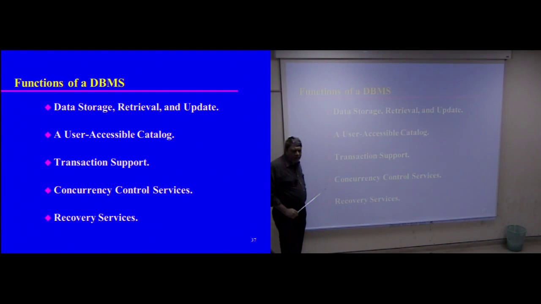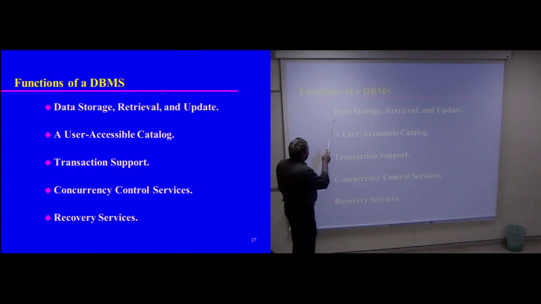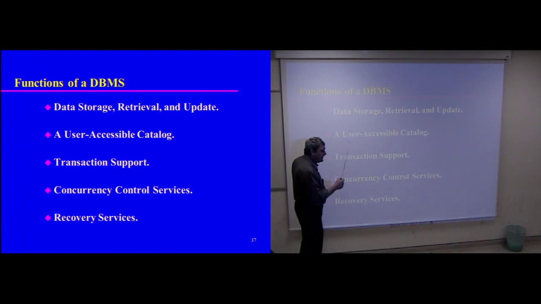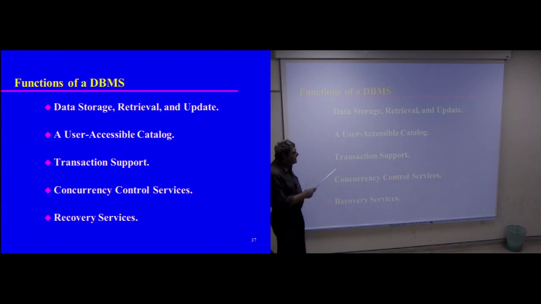By update we mean insert, delete, and change values of some fields. Also, it allows the user to define the catalog, by defining the data structure using the data definition language, and also to access and maintain or change this catalog, the metadata, the database structure.